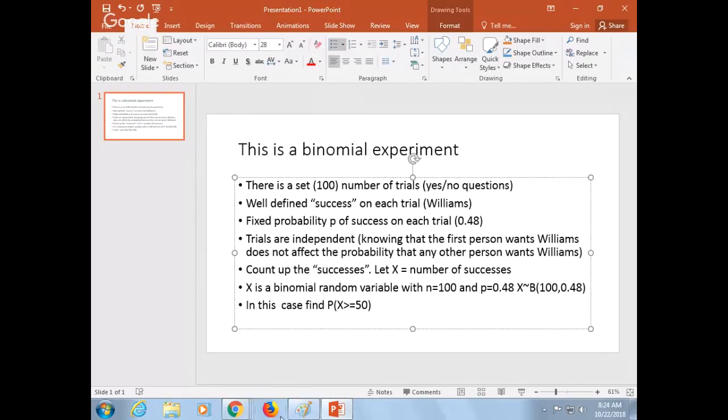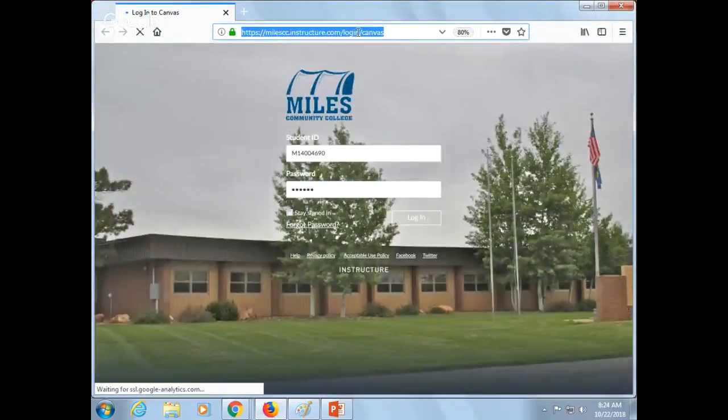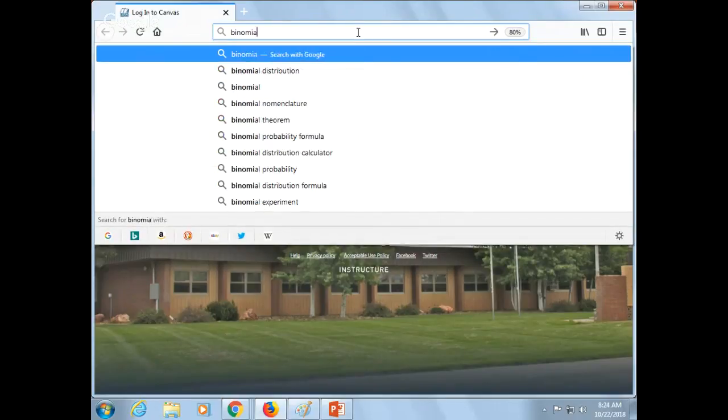So the first bit, actually, since I told you guys that we are not going to worry about getting StatCrunch, I'm going to first show it on how to get it somewhere else. I think easier than going to Excel would be to go into the search engine and look for binomial calculator.